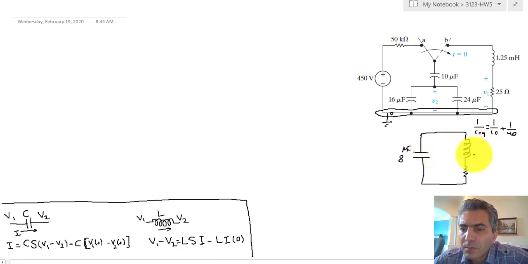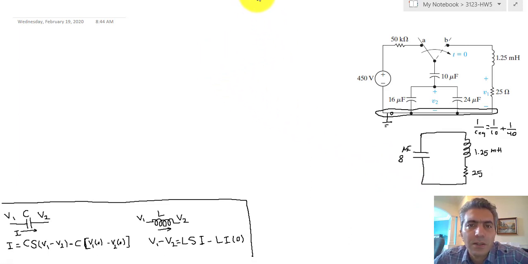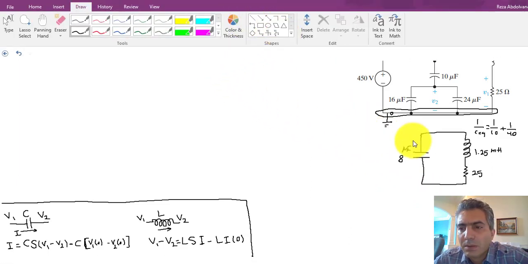Okay, now this is still 1.25 millihenry, and down here we have 25 ohm. So now we start labeling the circuit and continue the analysis on this equivalent circuit.